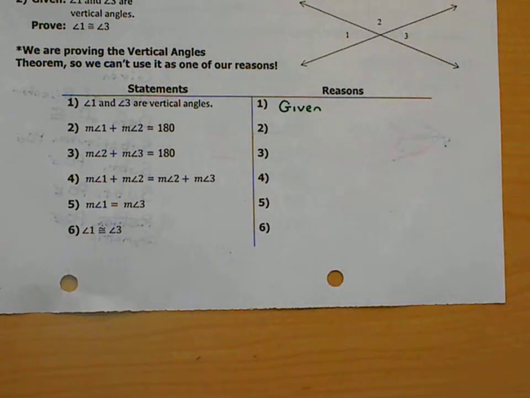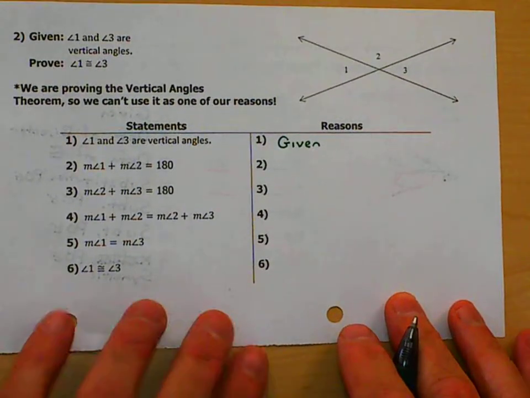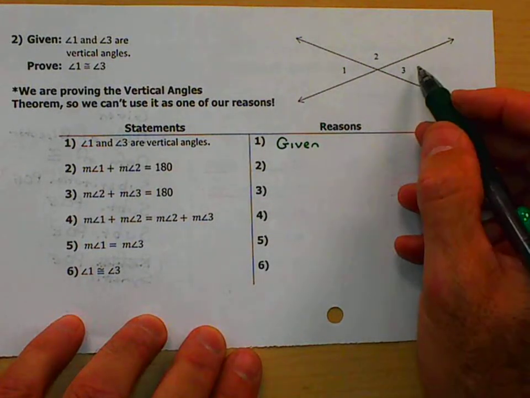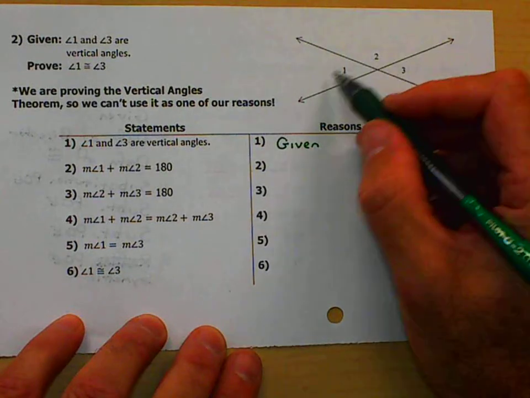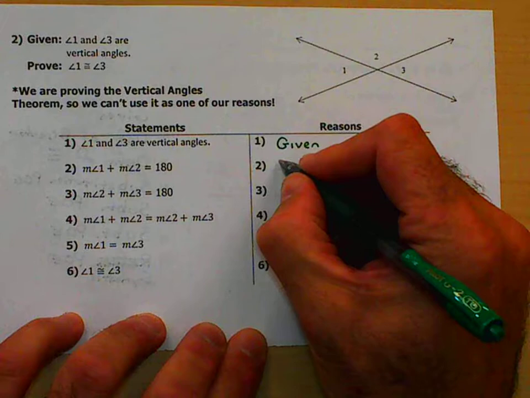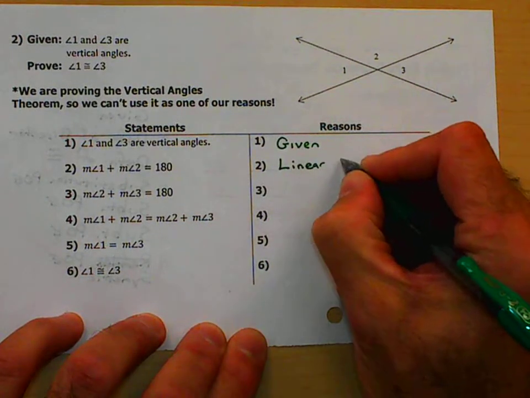Hey, we still have 5 minutes. Let's make sure we get this one down in the books too and make sure we have it right. On this problem, we said these are vertical angles. 1 and 3 are vertical angles. Then they said 1 and 2 equal 180. Why is the measure of 1 and the measure of 2 equal 180? Linear pair postulate.